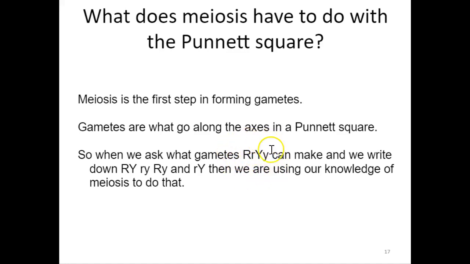And the gametes that it can make will include 4 types, and they're shown here. And it will include all of the possible combinations of the alleles of R and Y together. So big R, big Y; big R, little y; little r, big Y; and little r, little y. And those are the 4 things that would be placed on the axis of a Punnett square.